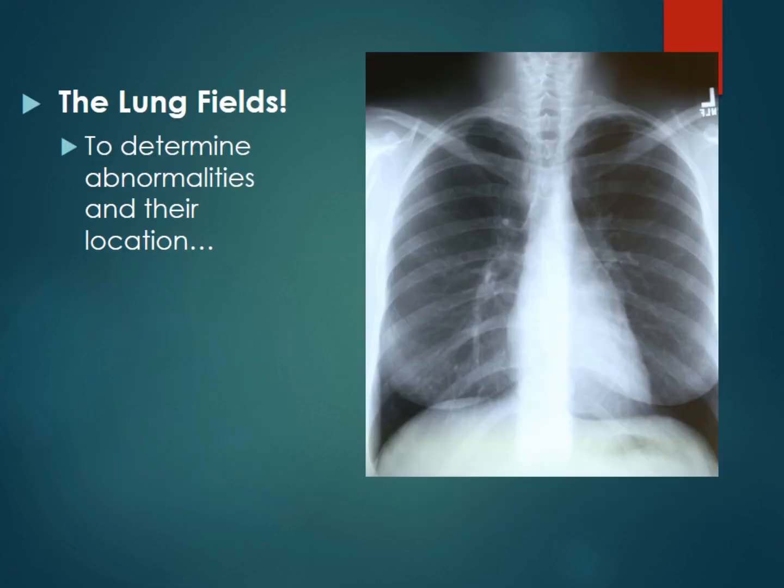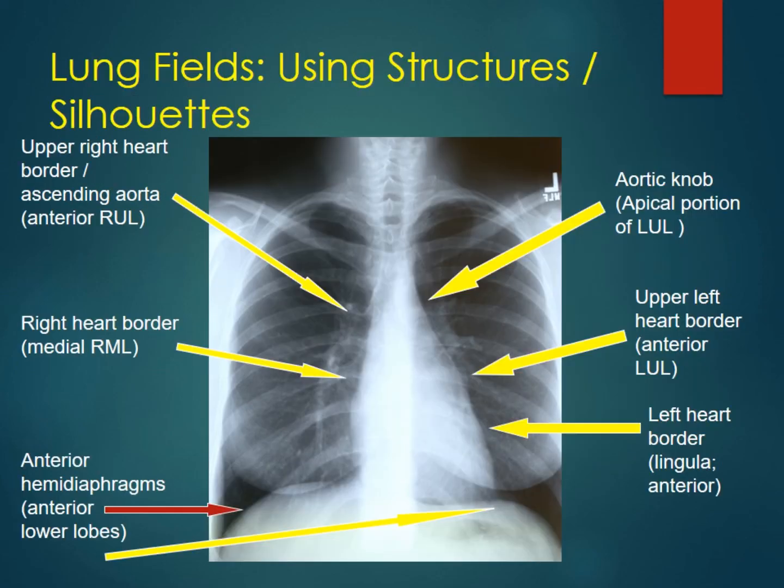Next thing to look for is the lung fields to determine abnormalities and their locations. So in lung fields, in this X-ray, I have shown various structures where you can see the right heart border indicated by the first arrow, then the anterior hemidiaphragms on either side, then you can see the left heart border, the upper left heart border, and the aortic knob.